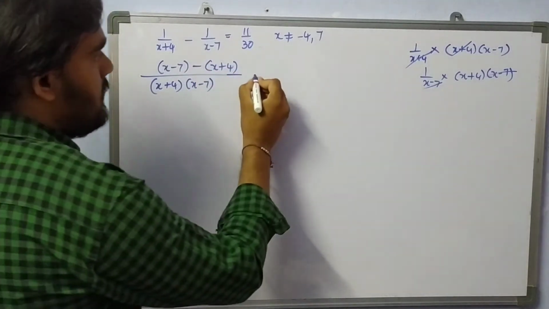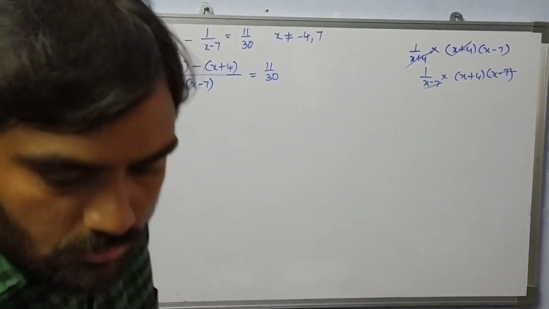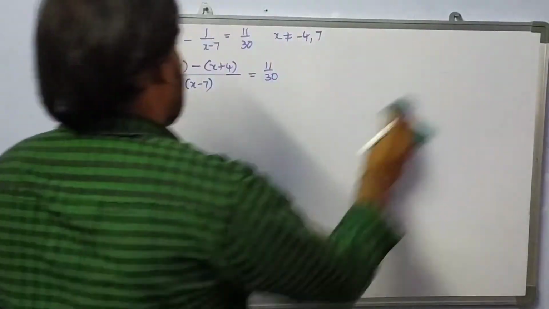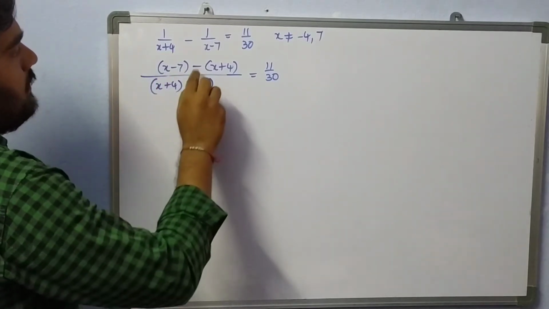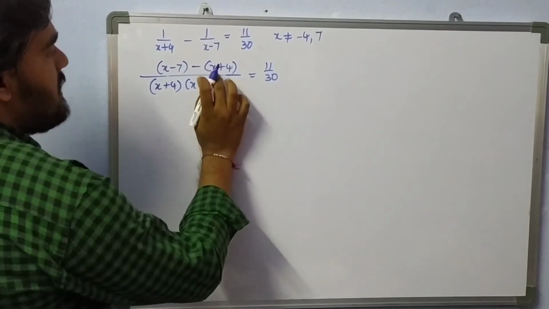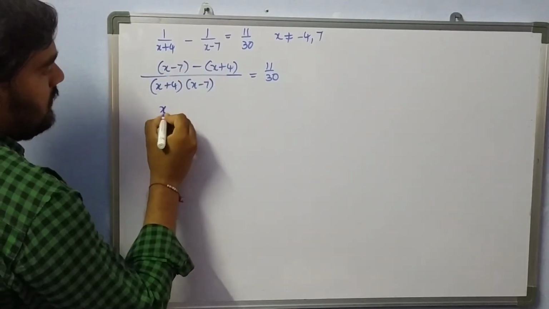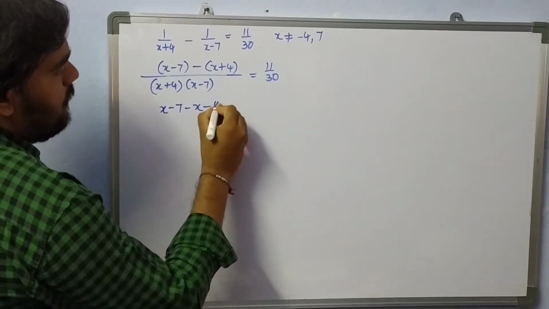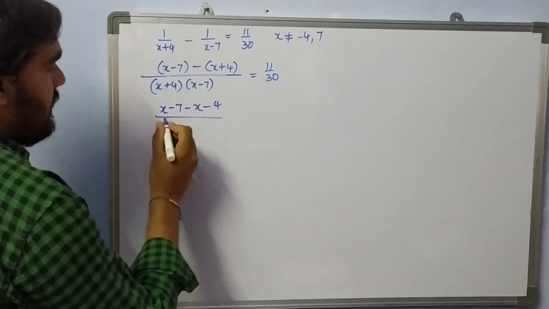Am I correct or not? Is equal to 11 by 30. Now here we will get x minus 7 minus x minus 4. Here x plus 4 is there, but before that we have a minus symbol. So this will be x minus 7 minus x minus 4 divided by x plus 4 into x minus 7.